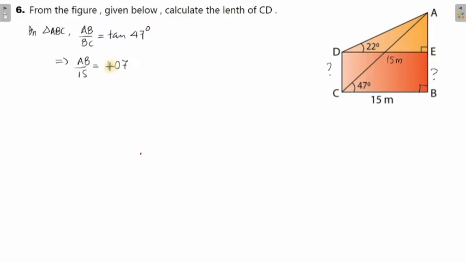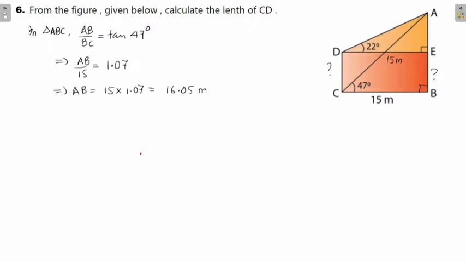I am just taking 2 digits after decimal, so you get 1.07. So from here you get AB equals to 15 into 1.07, which is equals to 16.05. So this will be your AB, which is given in meter.